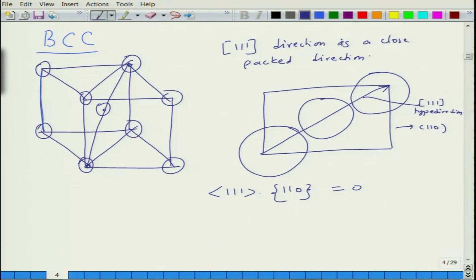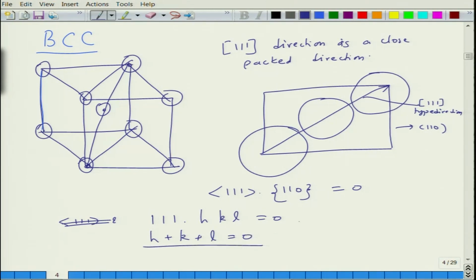But the 111 direction does not only lie in the 110 plane, it can also lie in other planes. If you look at 111 dot hkl equal to 0, basically h plus k plus l should be equal to 0.